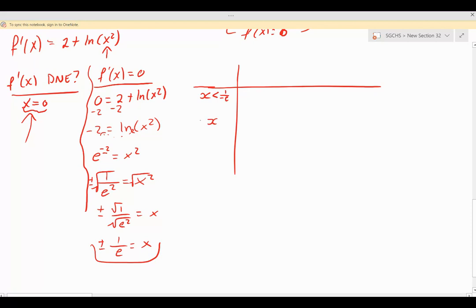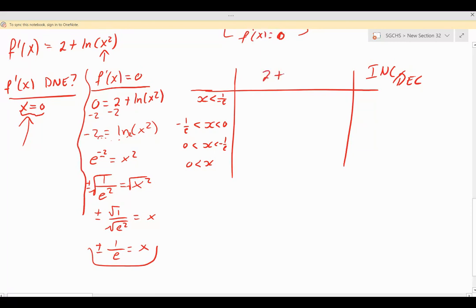We're also going to find when x is between -1 over e and 0, then when x is between 0 and -1 over e, and then when x is greater than 0. And again, we're finding out the increasing and decreasing intervals here. In this case, for our first derivative, it's just one long expression, 2 plus ln x squared.